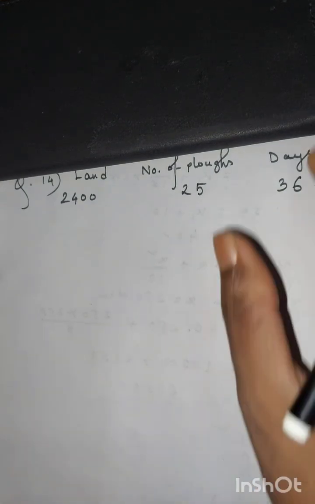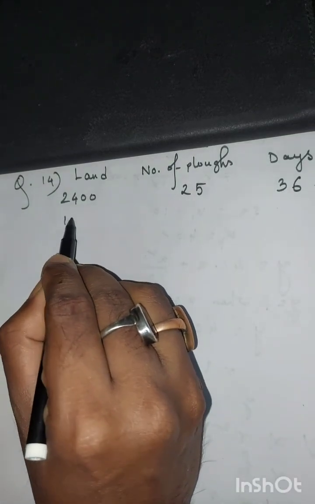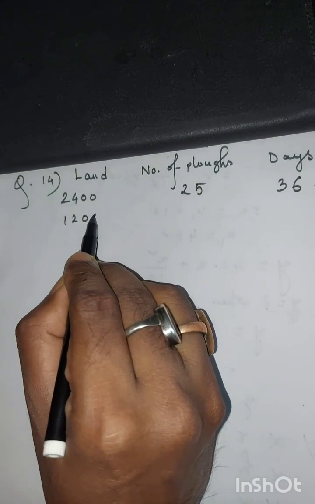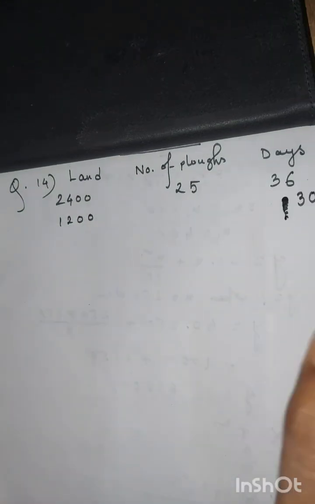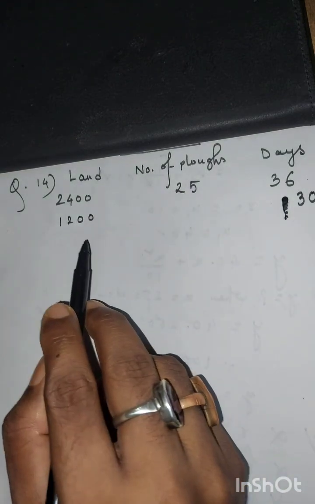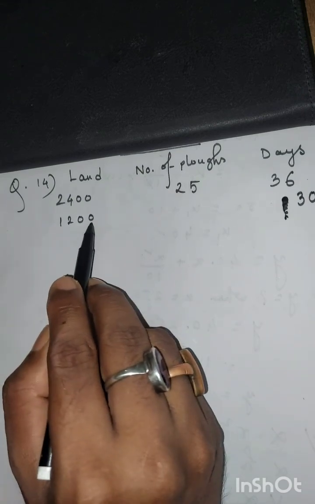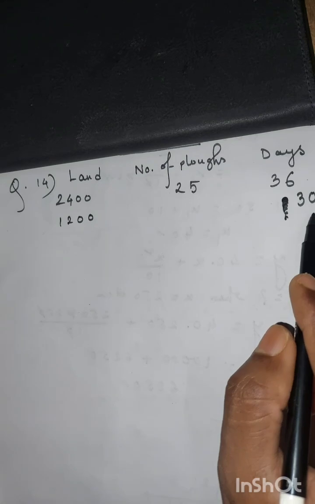Now the second condition says land 1200 bighas, time required 30 days.